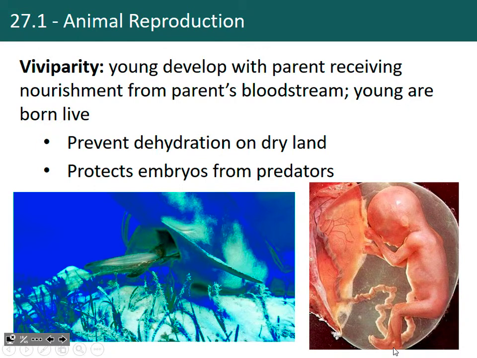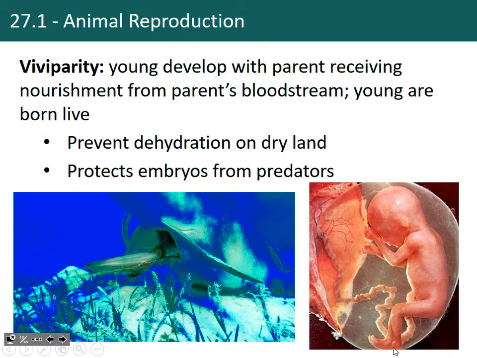The offspring. You also see this in some fish. This is a shark giving live birth, and this shark actually has a structure to feed the baby sharks. They are attached through an umbilical cord to the parent's body. We think of that as being a uniquely mammalian thing, but it's also evolved separately in sharks.